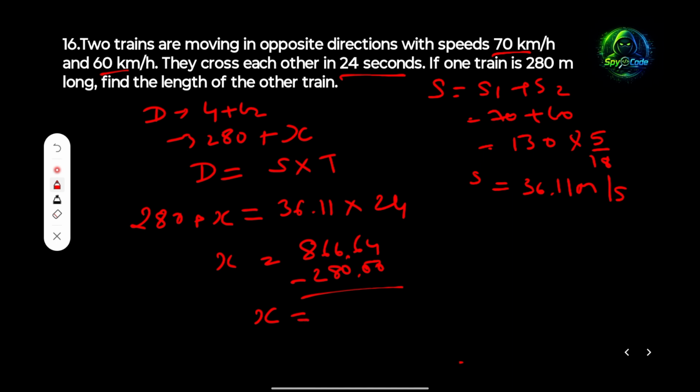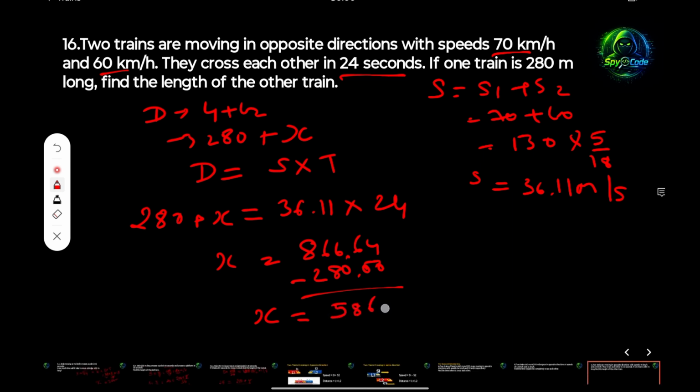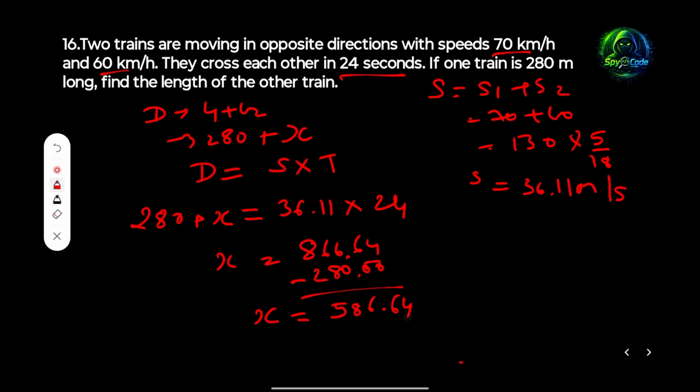When we subtract this, we'll get the answer as 586.64 meters. The approximate value will be 587 meters, which is the length of train 2.